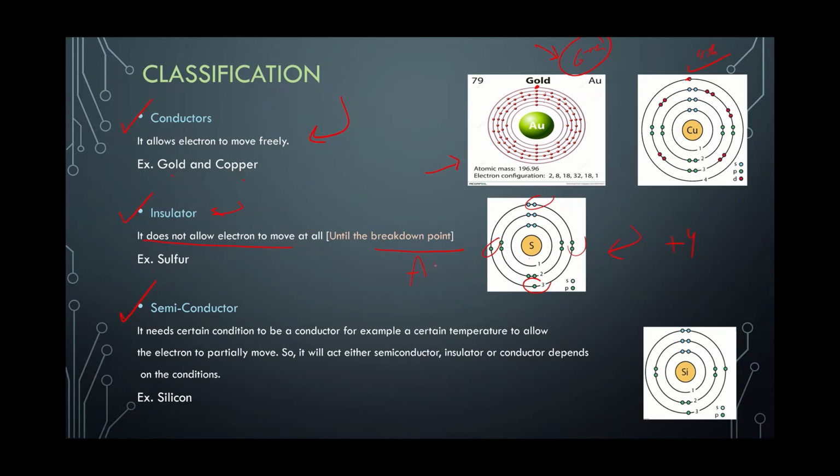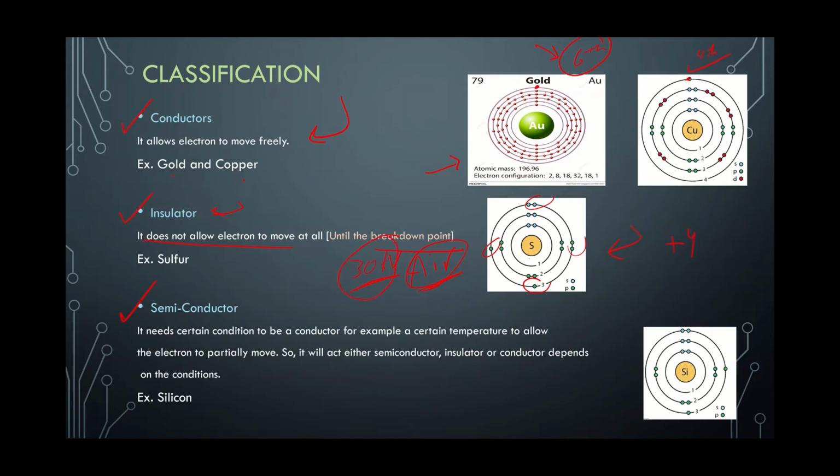For example, الهواء, the air: it needs 30 kilovolt to break down the insulator, to convert the air to be a conductor.